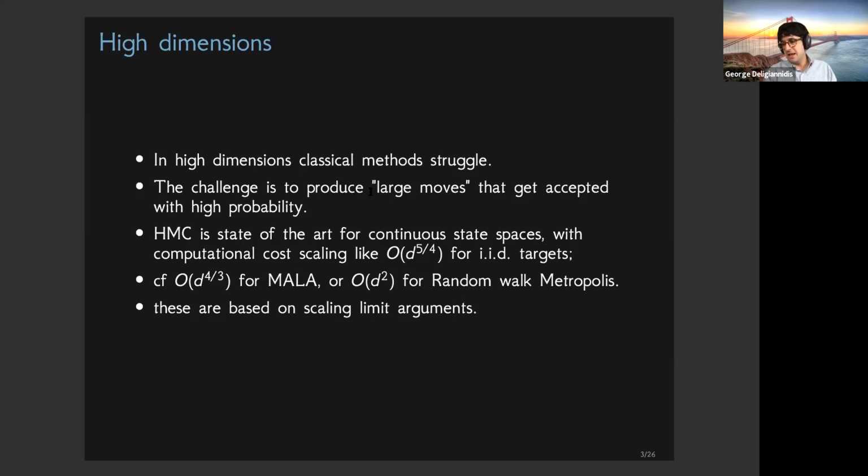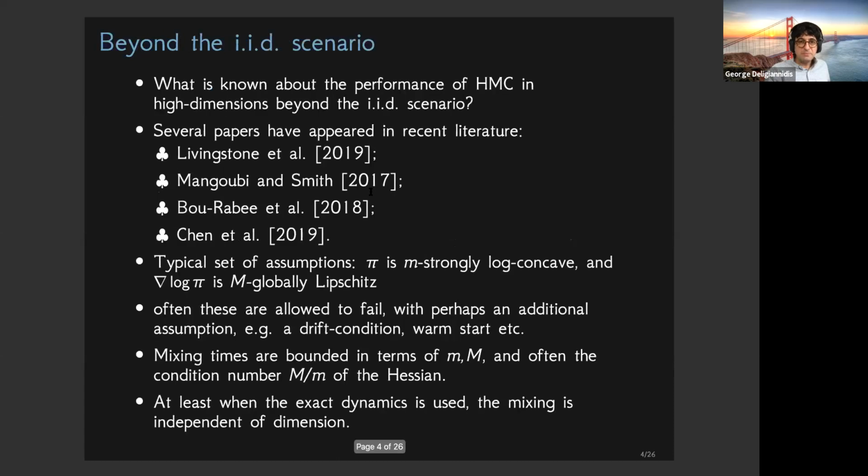Obviously, this has to be taken with a grain of salt because as soon as you move away from IID targets, the scaling for most of these algorithms changes drastically. However, it's widely accepted that HMC is possibly the most efficient thing out there at the moment.